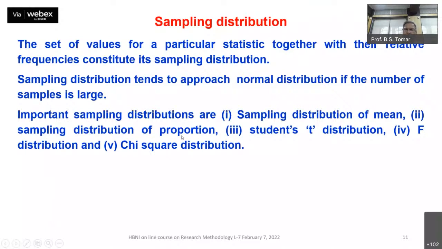Proportion is the fraction of the sample having a particular attribute, like success or failure, all different kinds of attributes. We can have the Student's t distribution, F distribution, chi-square distribution, and so on. Ultimately, our objective is to study the samples and deduce the parameters.